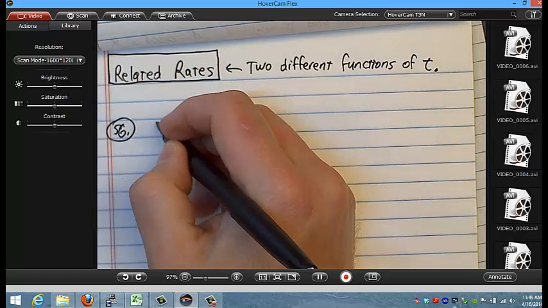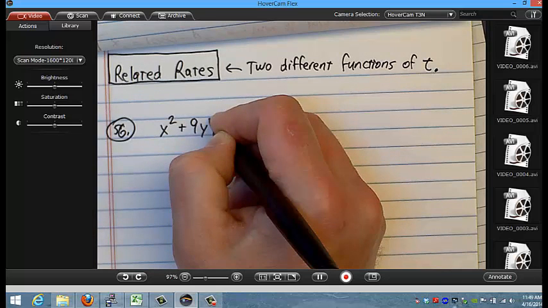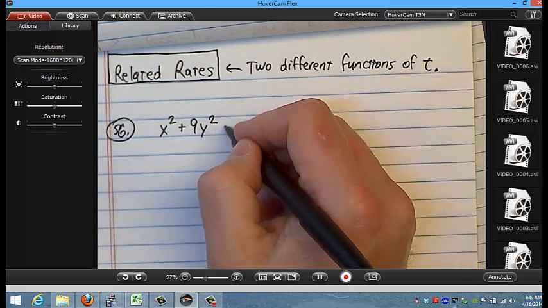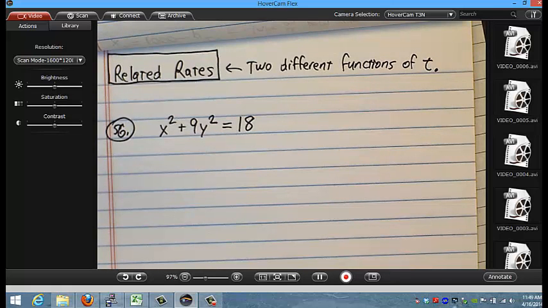We have x squared plus 9y squared equals 18. By the way, do you guys know what the graph of this one looks like from your college algebra days? I'll give you a hint. It's not a circle. It's an ellipse.